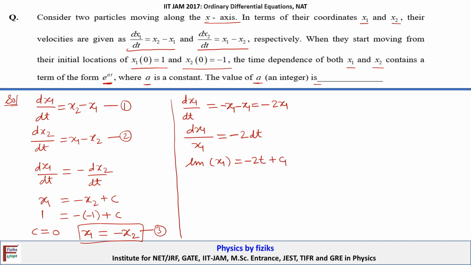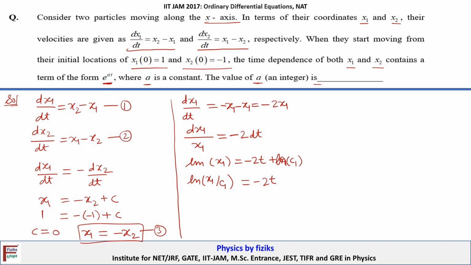Since one term is in the logarithmic scale, we add this constant in terms of logarithm, so this can be written as ln x1 by c1 is equal to minus 2 times t.